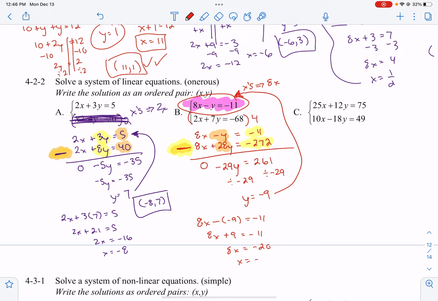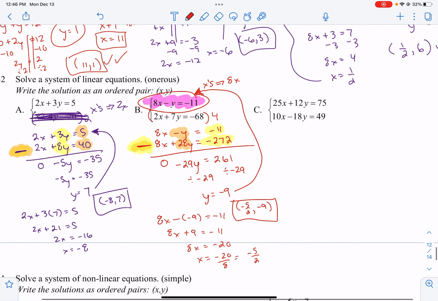So x equals negative 20 over 8, which simplifies to be what? Negative 5 over 2, negative 5 halves. So my answer becomes negative 5 halves, comma, negative 9. Assuming I didn't make any algebra mistakes along the way.